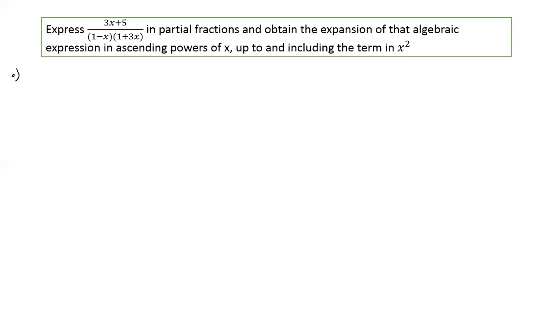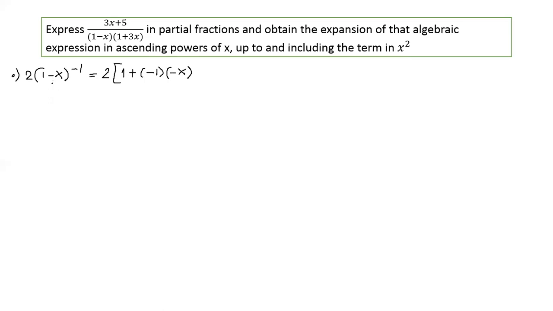The first one is 2 times (1 minus x) to the power negative 1. The expansion is like this: 2 times, according to the binomial expansion rule, it becomes 1 plus n, where n is negative 1, times negative x.